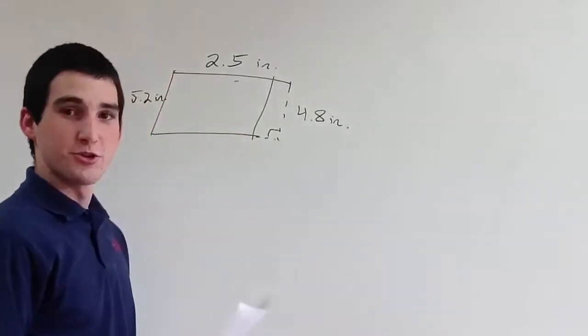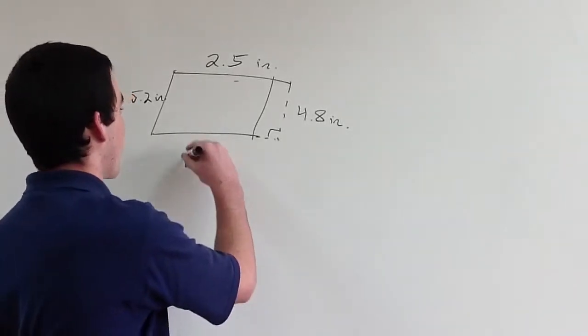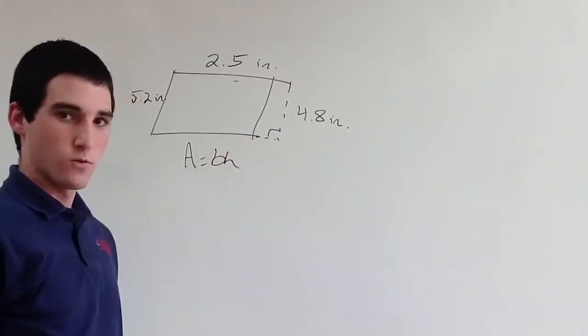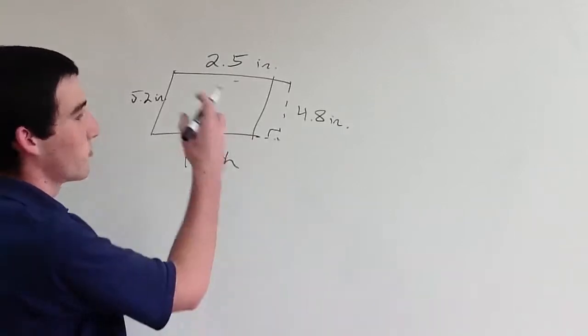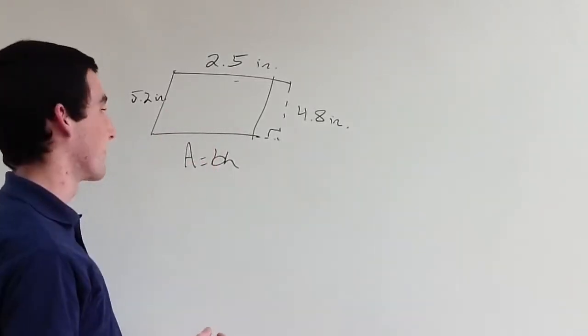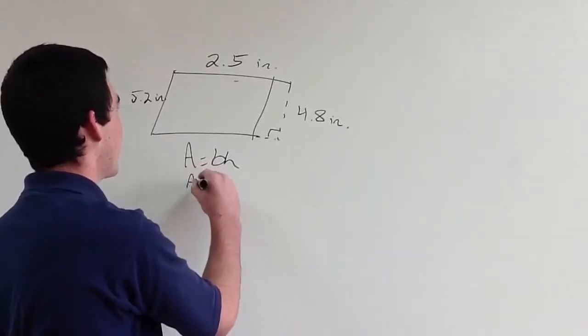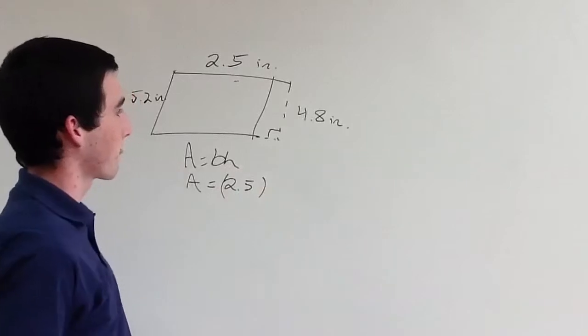Okay, so we know the formula for the area of a parallelogram is area equals base times height. Since we know this is a parallelogram, we know the side opposite of this 2.5 inches is also 2.5 inches. So let's plug that into the base. Area equals 2.5 times the height.